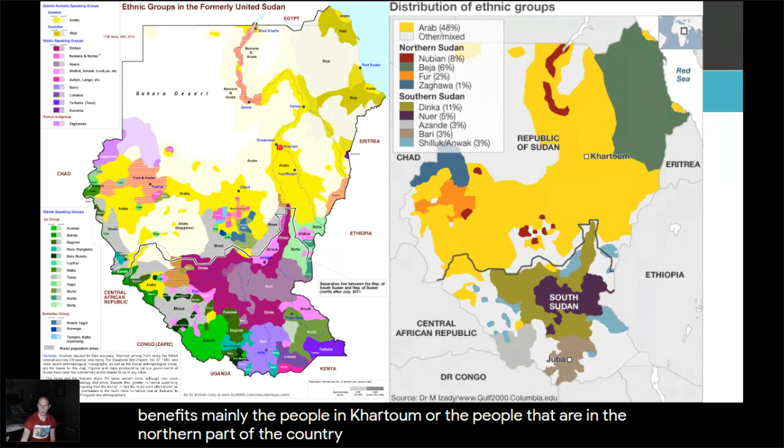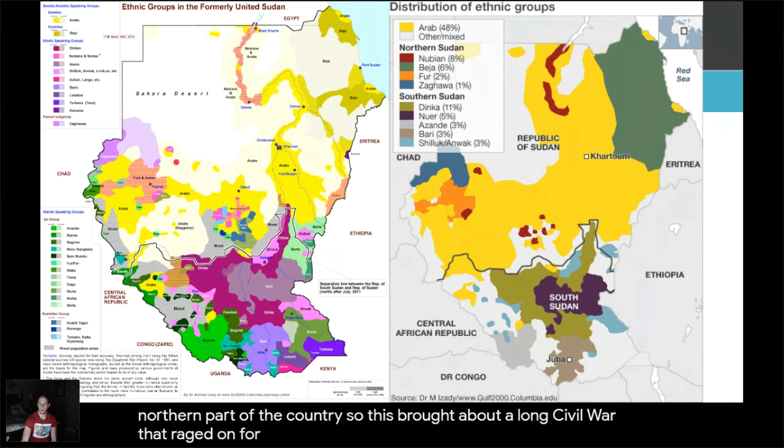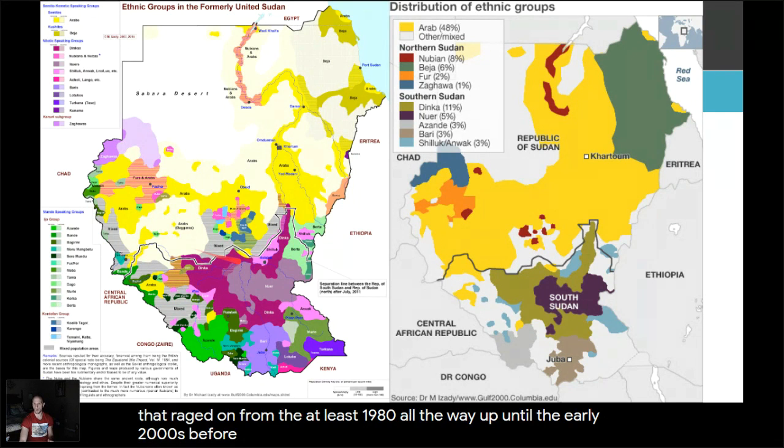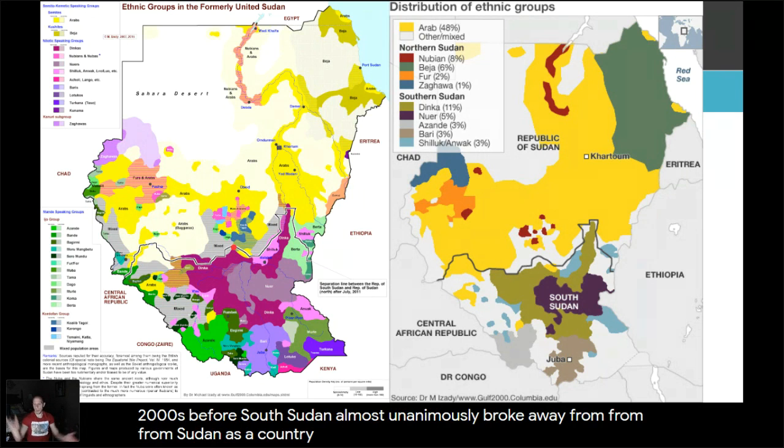So this brought about a long civil war that raged on from at least 1980 all the way up until the early 2000s, before South Sudan almost unanimously broke away from Sudan as a country. And then everyone's like, wow, this is a huge moment.